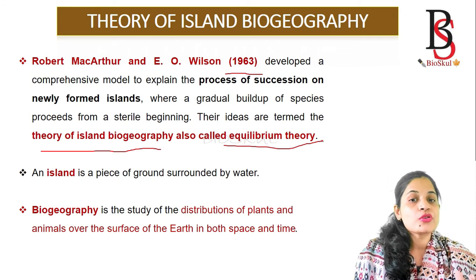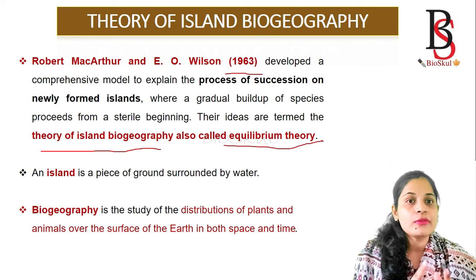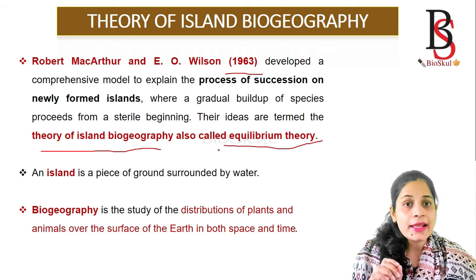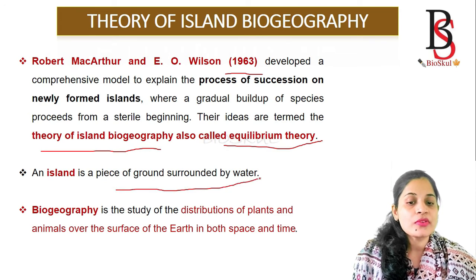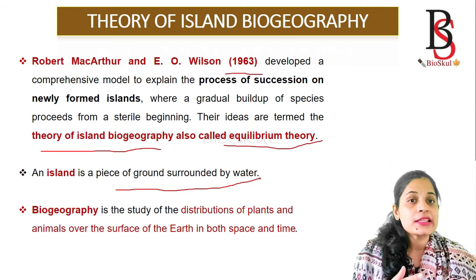Before going to know about the theory of island biogeography, let's know what is an island and what is biogeography. An island is a piece of ground which is surrounded by water. Biogeography is the study of distribution of plants and animals in a geological space and through geological time.